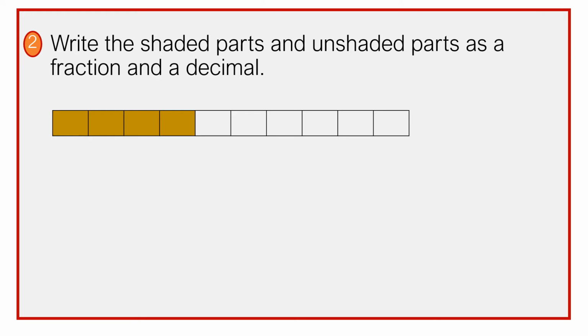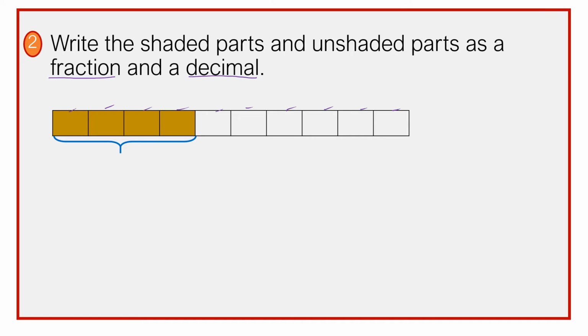We need to write a fraction, and then we need to write a decimal. Okay? Now, this diagram has got 10 parts. 1, 2, 3, 4, 5, 6, 7, 8, 9, 10. We can see that 4 parts out of 10 parts are colored.